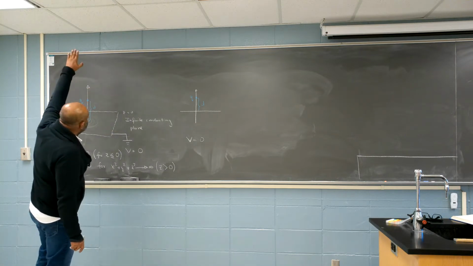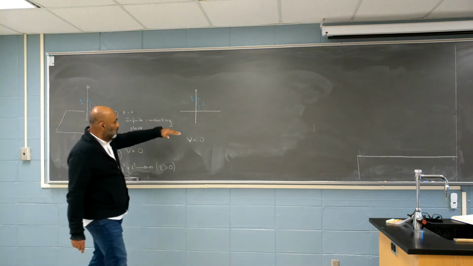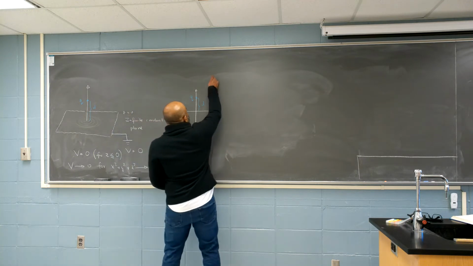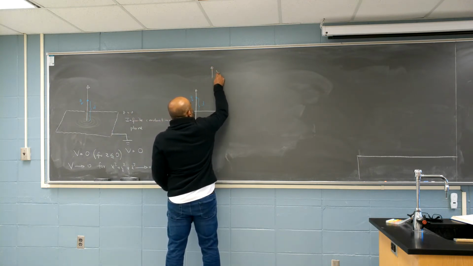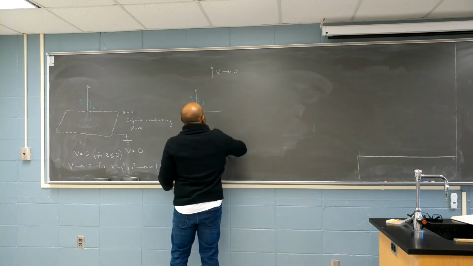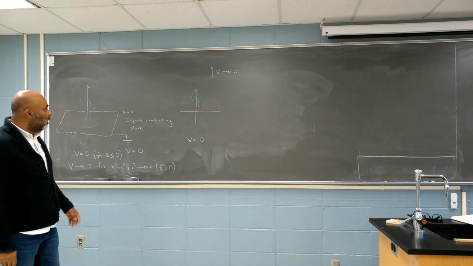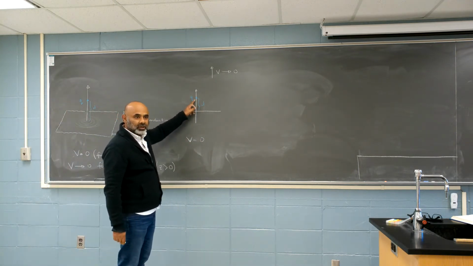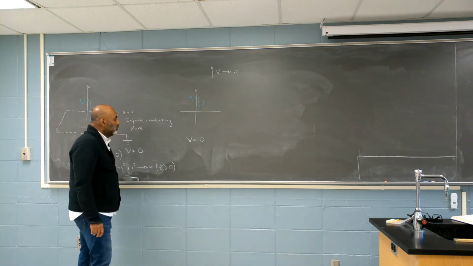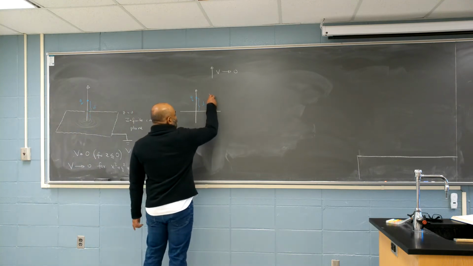At infinitely far away, when you go that way, V approaches 0, because there's effectively only one charge here, and whatever negative charges it can induce. All right. And the question, of course, is what's the potential here?